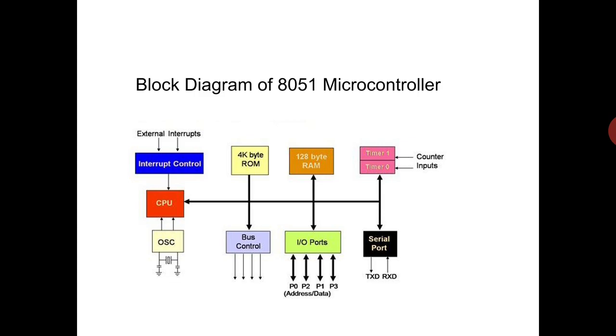These timers can be configured to work in different modes like 13-bit timer, 16-bit timer, 8-bit auto-reload timer, or split timer. The timers can be activated through hardware signals as well as through software instructions. The special function registers associated with the timer units are TMOD, TCON, TH1, TL1, TH0, TL0. These are the timers.